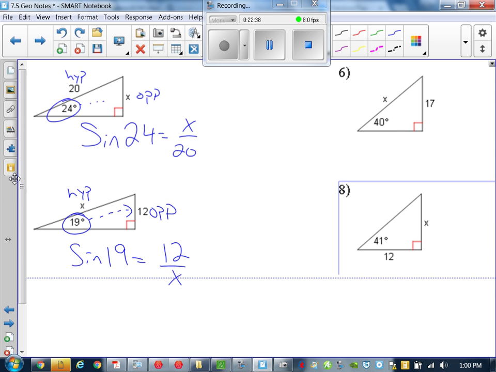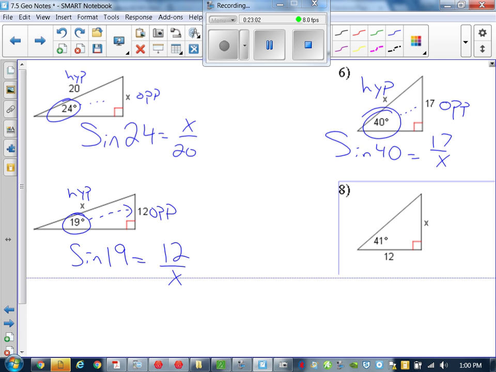Circle the 40. 17 is its. The x is a what trig function? Do not flip-flop the x's, guys. They have to stay wherever you say it's the hypotenuse or adjacent, wherever it winds up being.